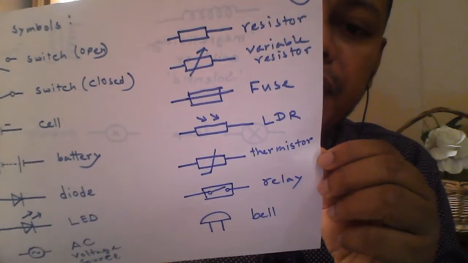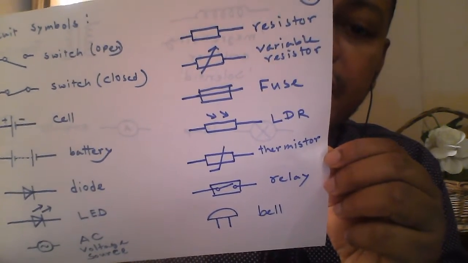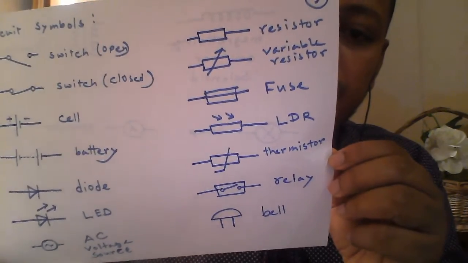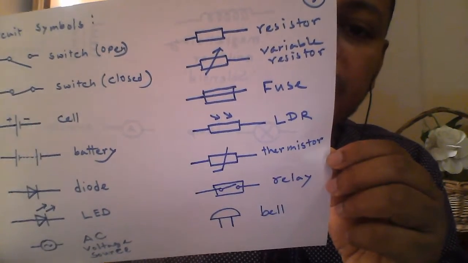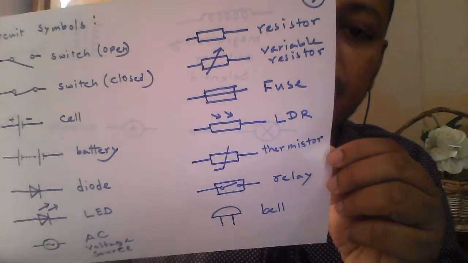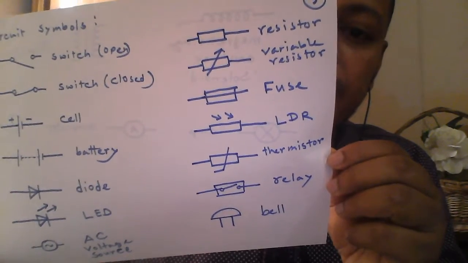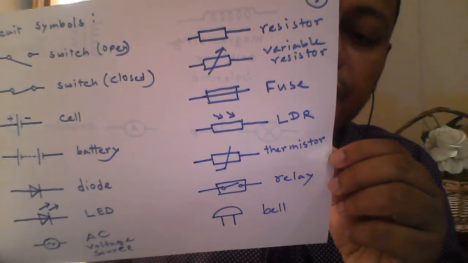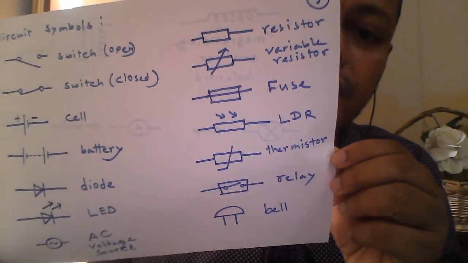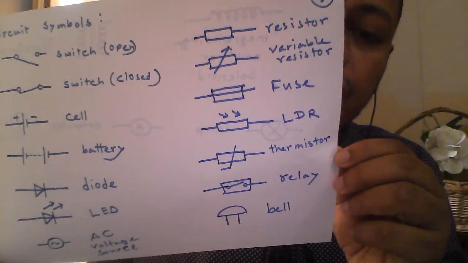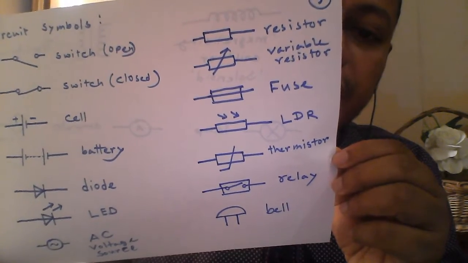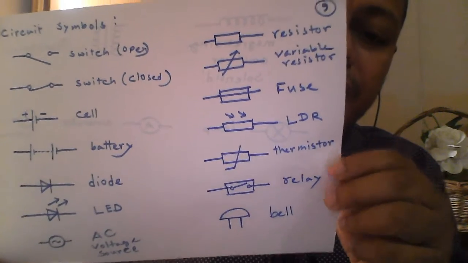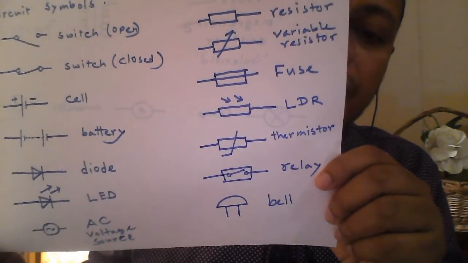Variable resistor means the resistance can be varied according to our needs. Sometimes we need less resistance, sometimes we need more resistance. Then this type of resistor, variable resistor, helps us to do so, and we can get the resistance according to our need.